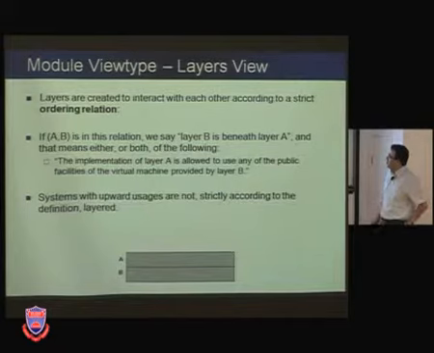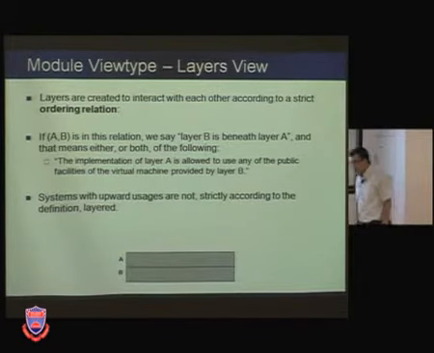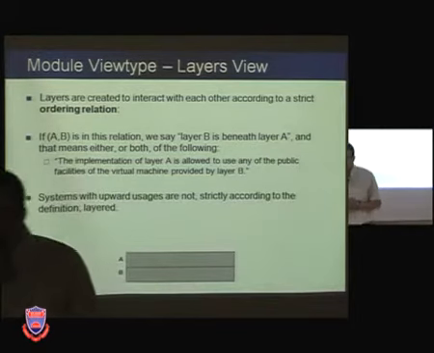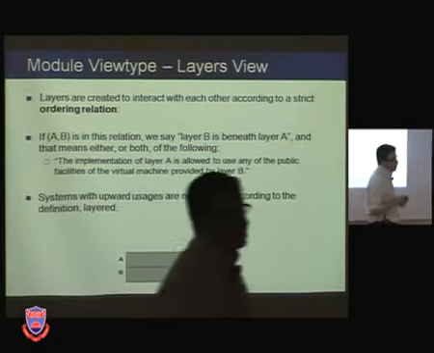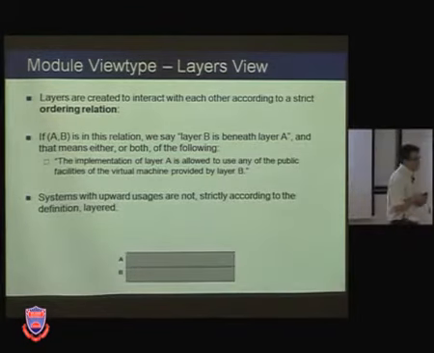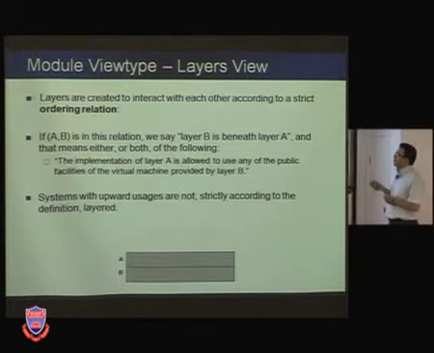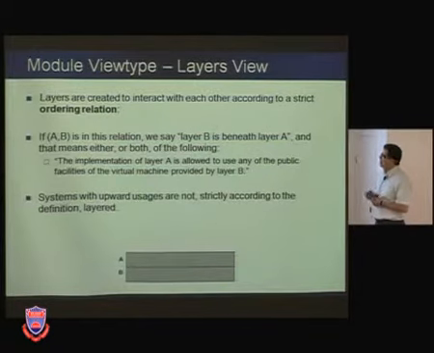The issue here is that besides the partitioning, so you have a system, you look at specific concerns, you partition the system into layers. The second important criterion is that the layers should interact with each other according to a strict ordering relation.